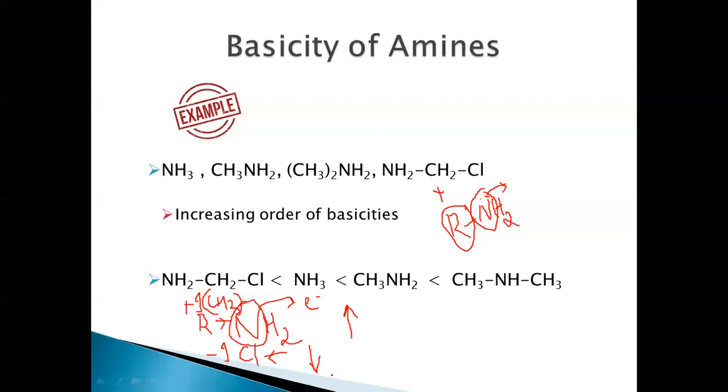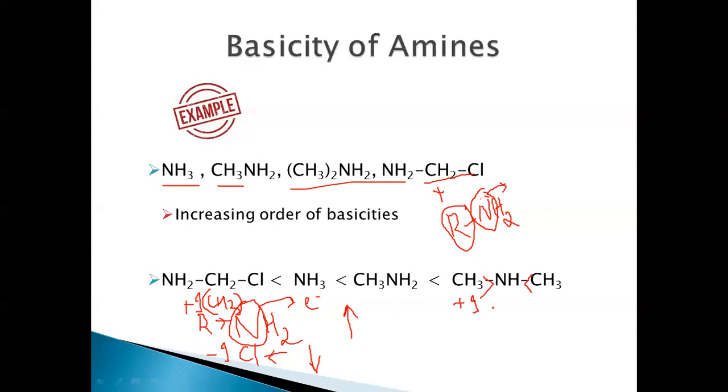So overall, we can sum up like this. The plus I effect groups increase the basicity and the minus I effect groups decrease the basicity, depending upon the availability of the electrons on the nitrogen. When you look at the example of ammonia, methylamine, dimethylamine and the chloro compound, we can see that in dimethylamine there are two methyl groups which are plus I groups here.